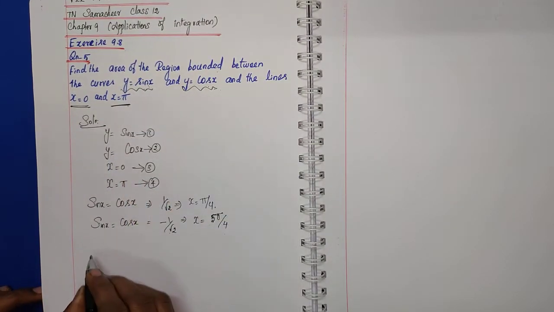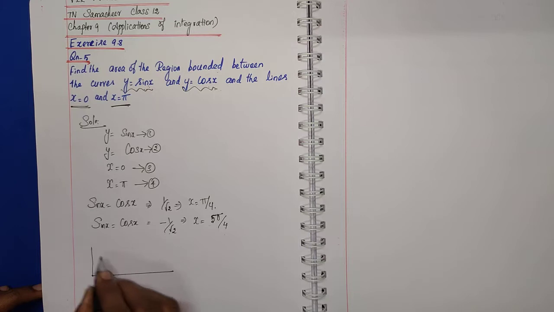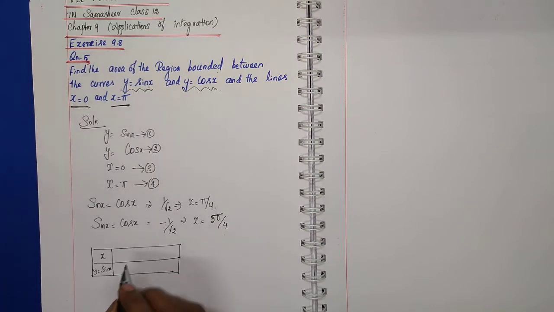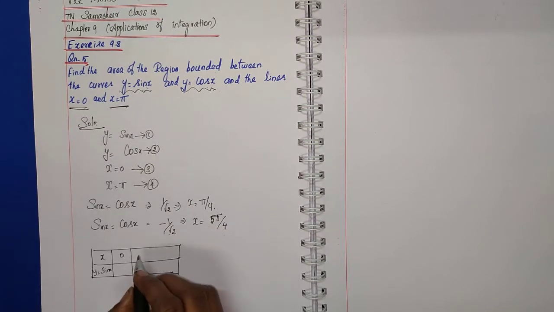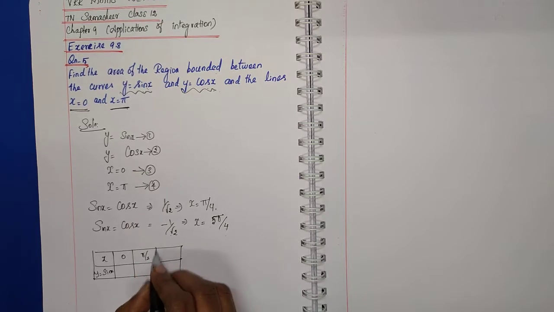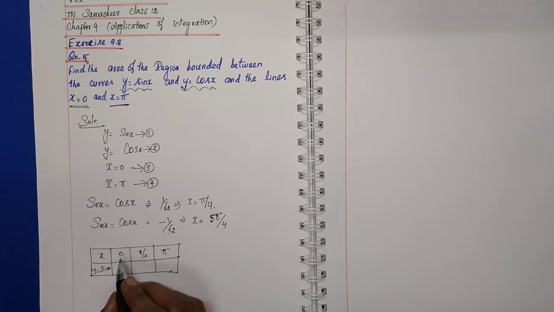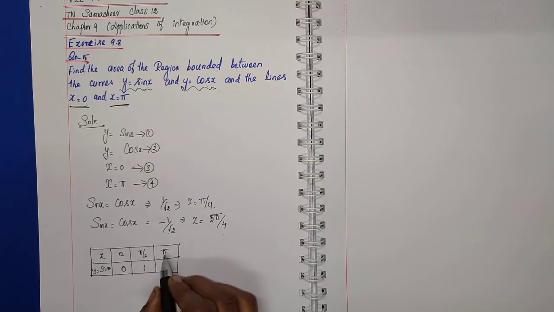First, a table for the curve y is equal to sin x. x is 0, pi/2, pi. So when x is equal to 0, sin 0 is 0, sin 90 is 1, sin pi again 0.